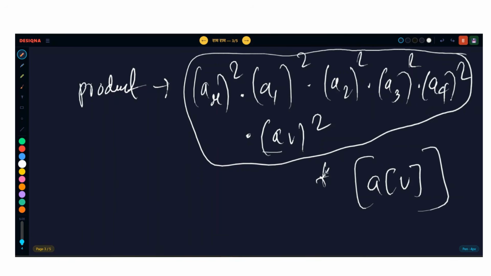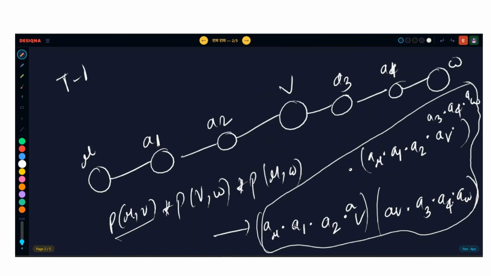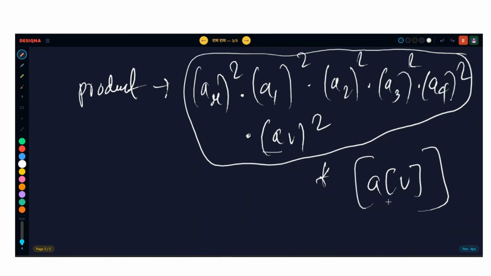So A of V square into A of V is A of V cubed. I am separating it out. AU coming 2 times, A1, A2, A3, A4, AW all coming 2 times, and AV coming 3 times. 1, 2, 3. So every term is a square. Now guys, square into square into square is a perfect square.